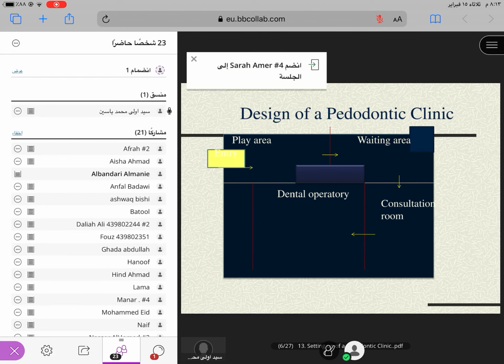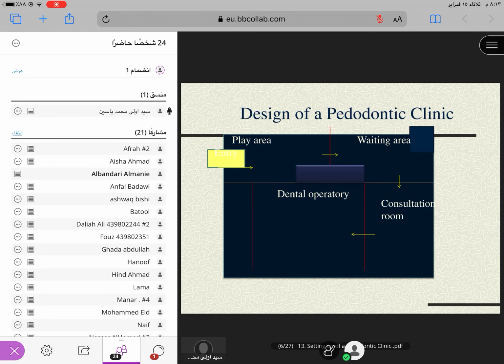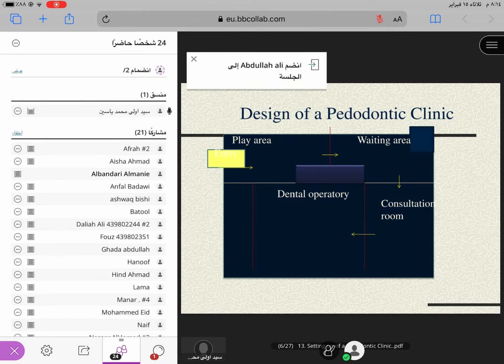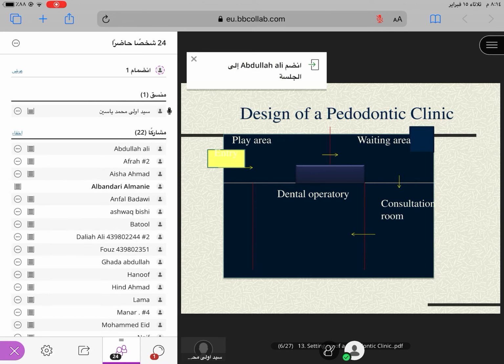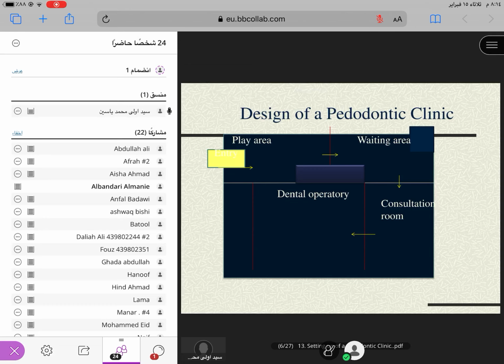That is, the child enters from one area and exits from another area. What happens is, even if some child is uncooperative, they will not again enter through the whole clinic and leave the same way where they entered. Okay, they will exit from a different exit. So this gives other children a better dental experience compared to that of the uncooperative child.